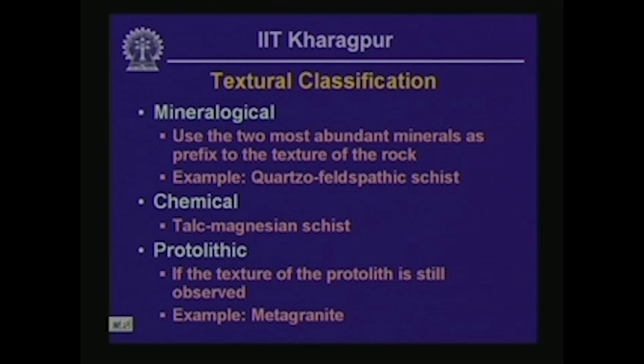In that case, we use the prefix meta to the type of rock that composes the protolith, and an example of this type of classification is metagranite, in which the protolith was a granitic rock and there was slight alteration because of the metamorphic process, and what we end up with is metagranite.